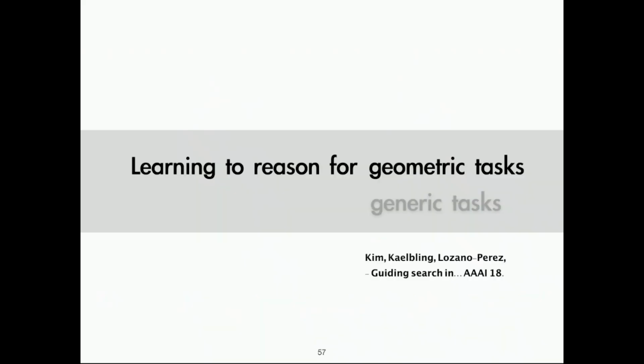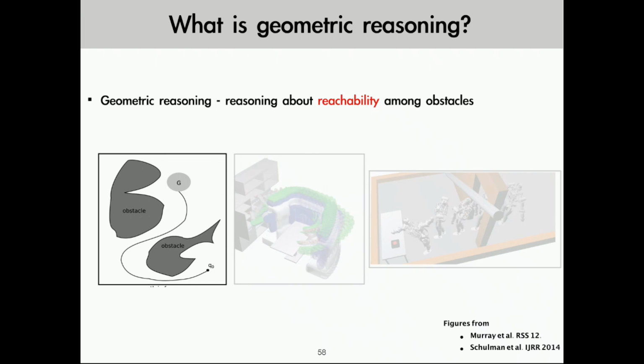I'm going to first discuss a work that I did in order to tackle the neutral data set problem in a geometric task and motion planning problem. Before I dive in, I just want to talk about what geometric reasoning is. Basically, geometric reasoning is reasoning about reachability among obstacles. Traditionally, roboticists studied a point-based robot back in the 70s and 80s, trying to make that point-based robot get to the goal state while avoiding obstacles.